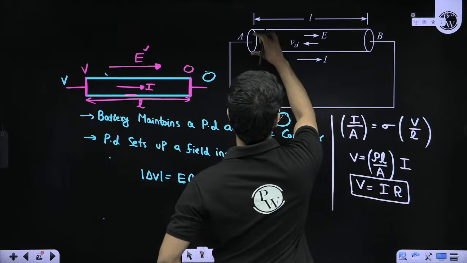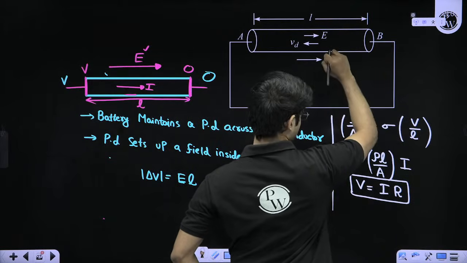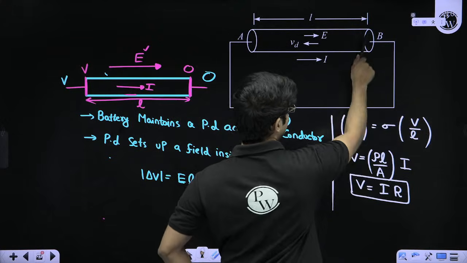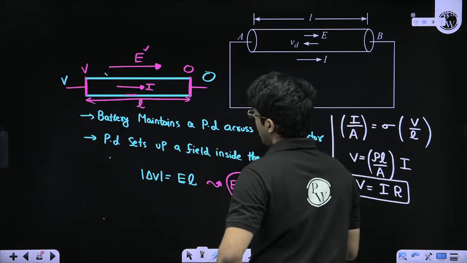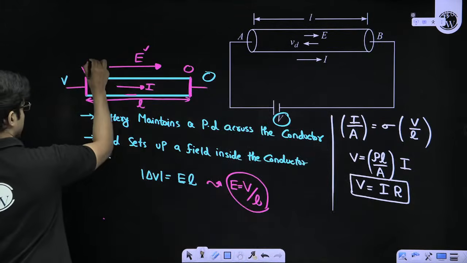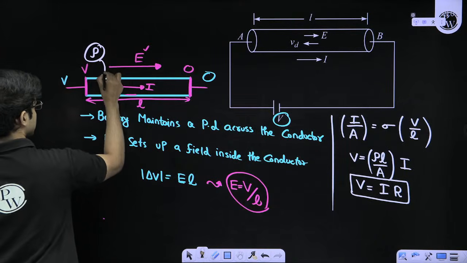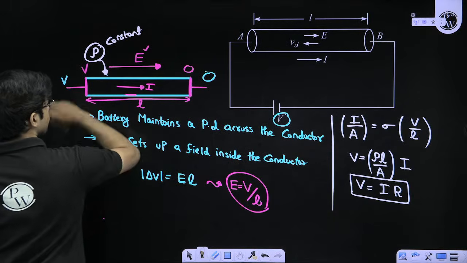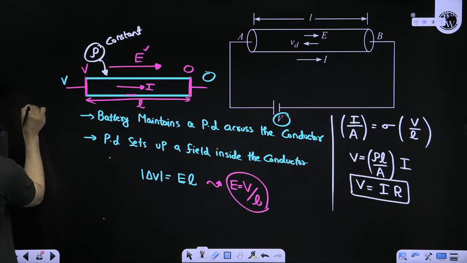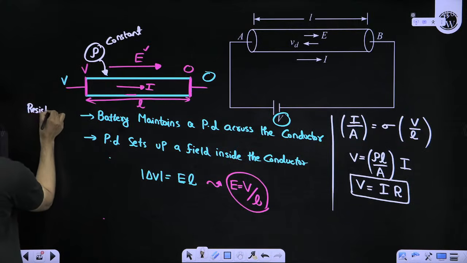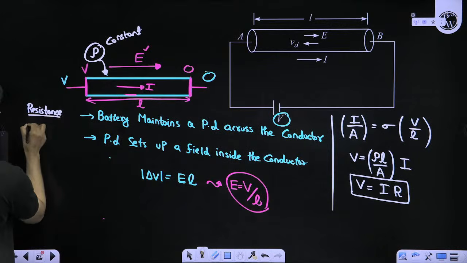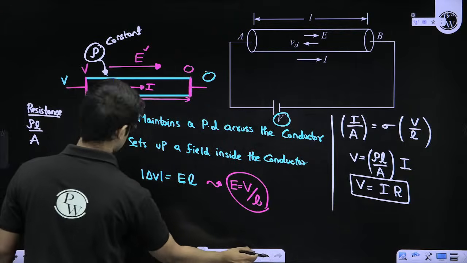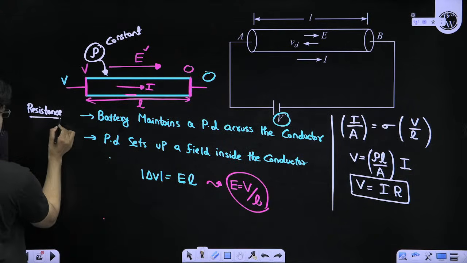When we have a uniform cylinder, meaning the area of the cylinder is constant, and the resistivity rho of this material also is constant everywhere, then what is the resistance of this cylinder? It is given by the relation rho L by A. This is a very important one.